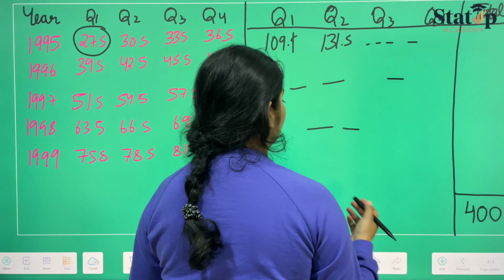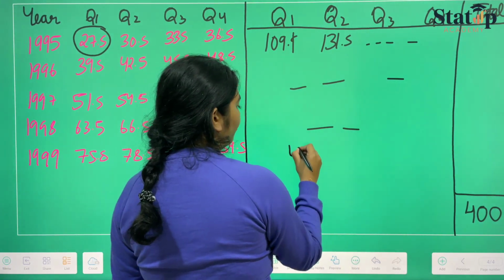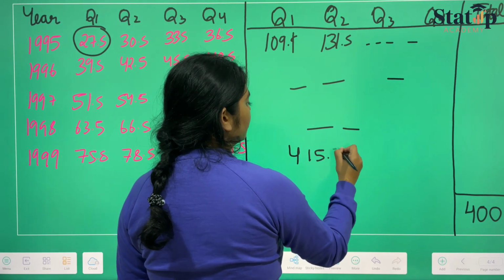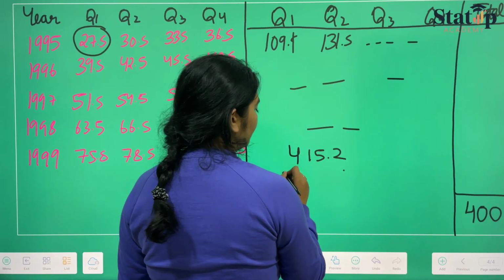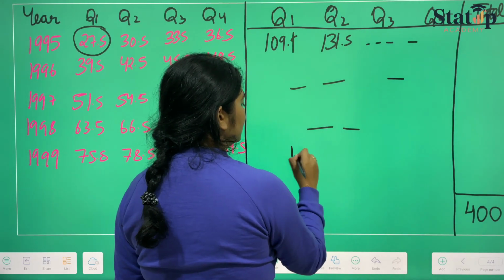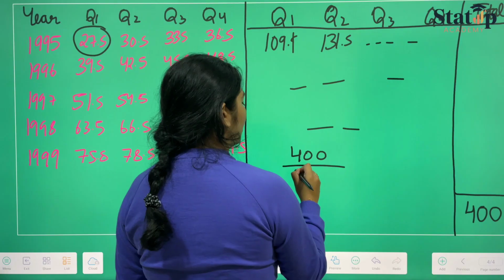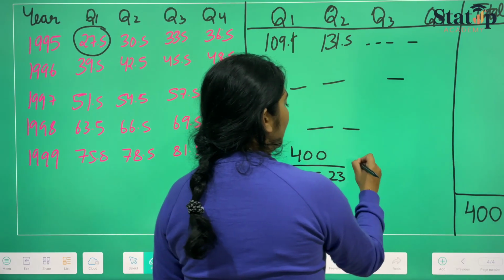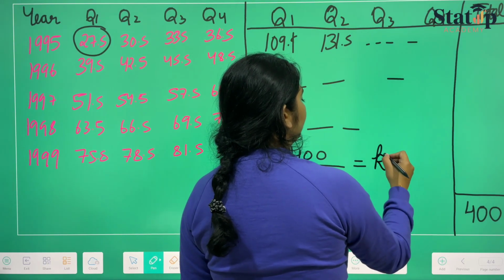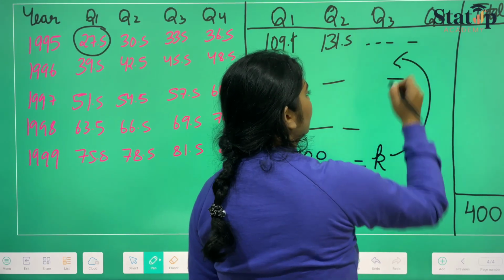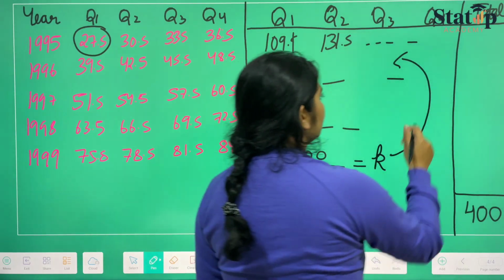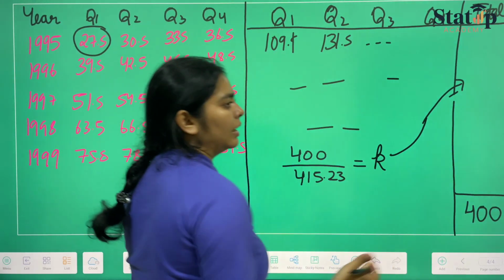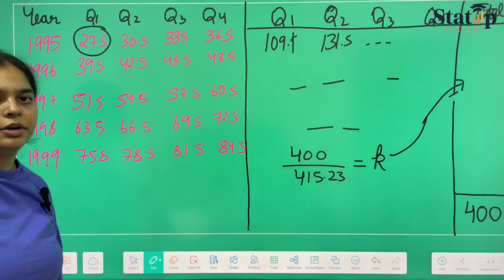If it is not equal to 400, suppose it is coming as 415.23, we'll divide 400 by this value and we'll get the value of k. Then we'll multiply this k with all these totals and we'll get the values. Our final total would be 400.